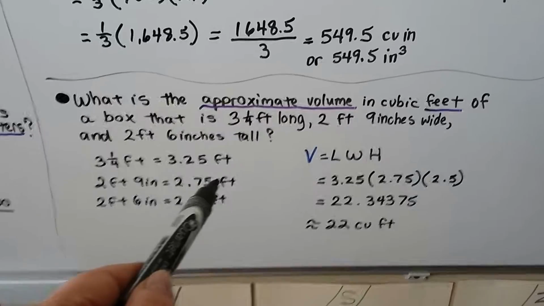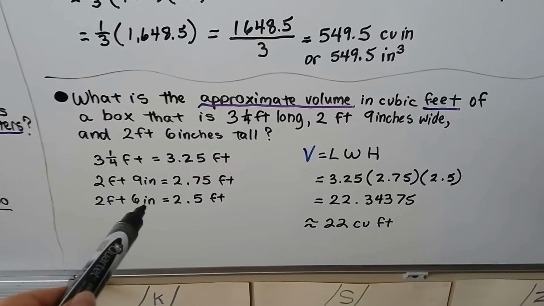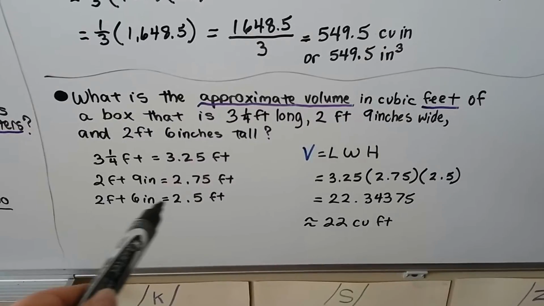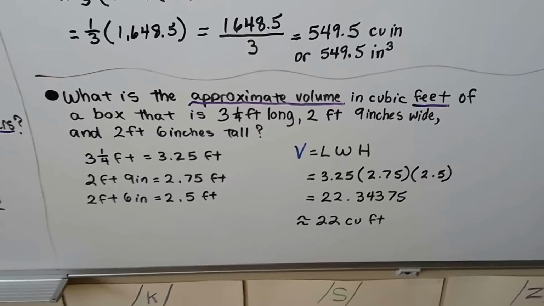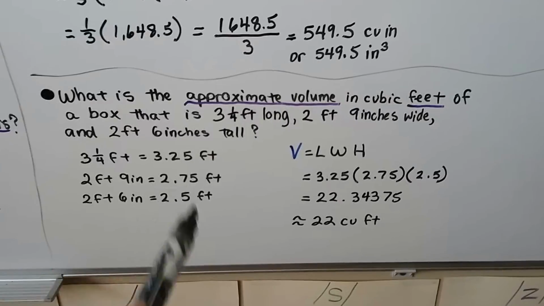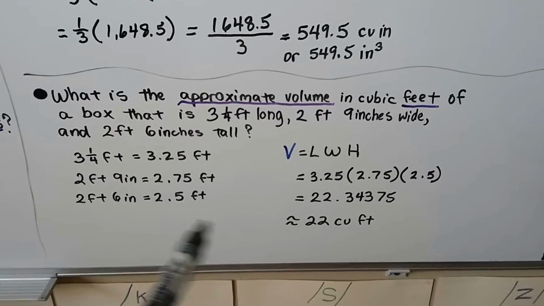So that would be 2.75 feet. 2 feet 6 inches tall would be 2.5 feet, because 6 inches is half of a foot. So now we've got them in decimals, and they're all in feet.